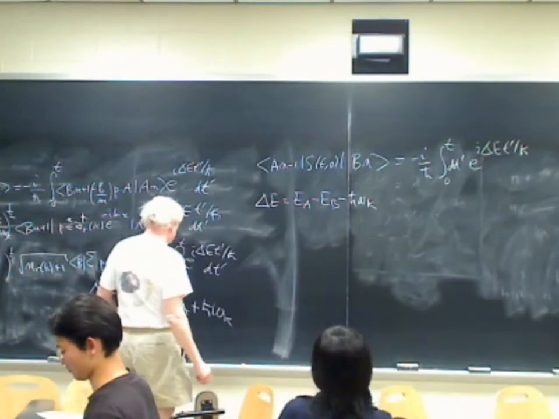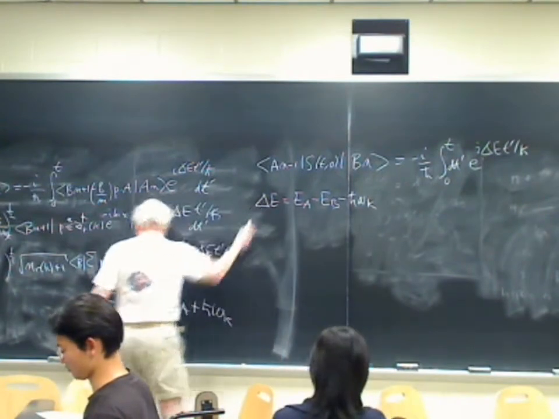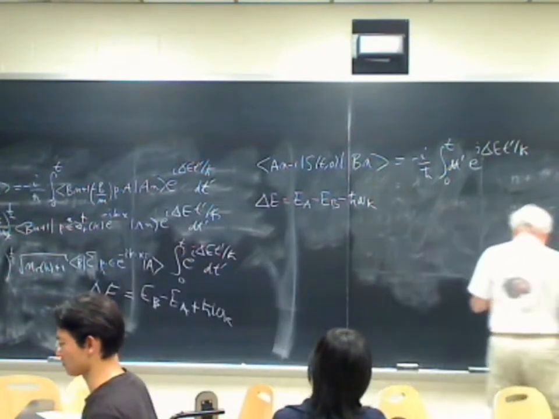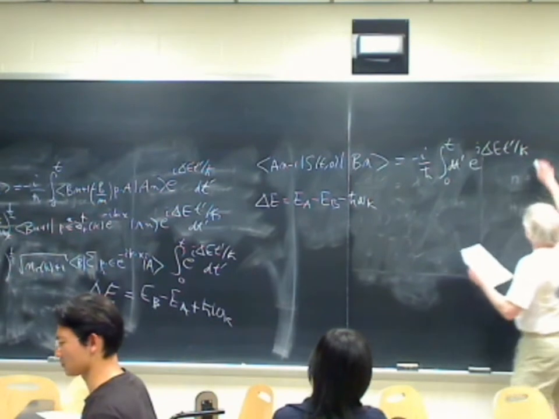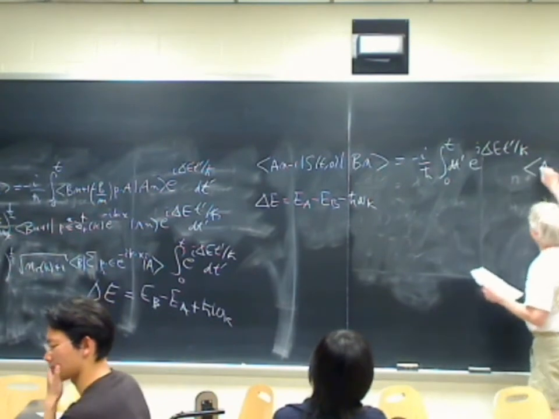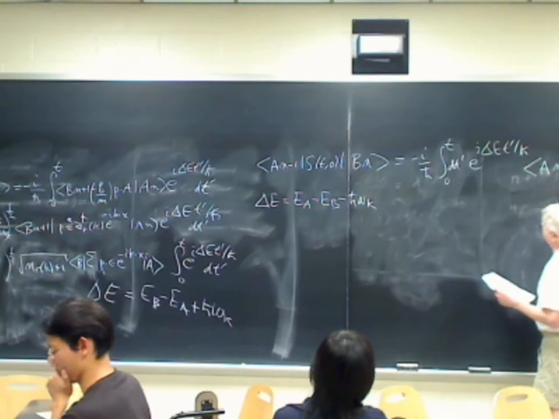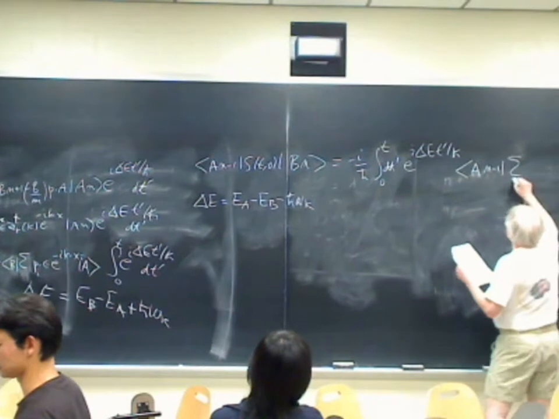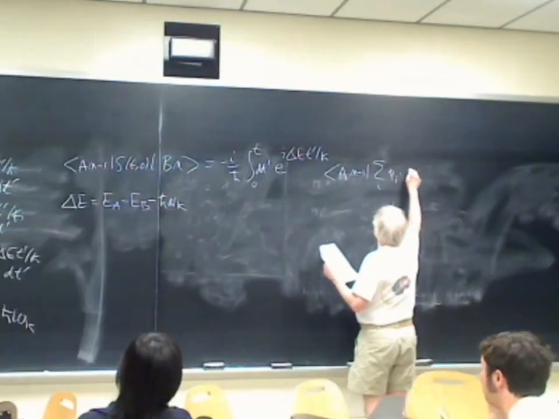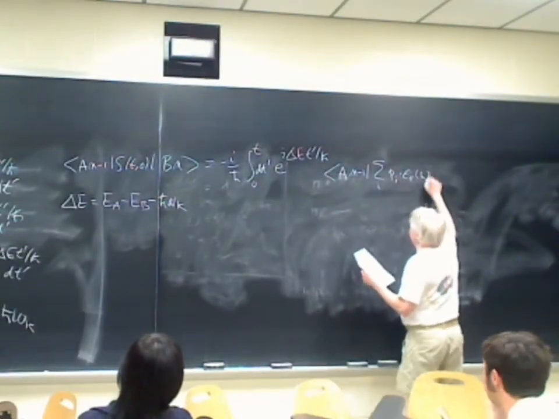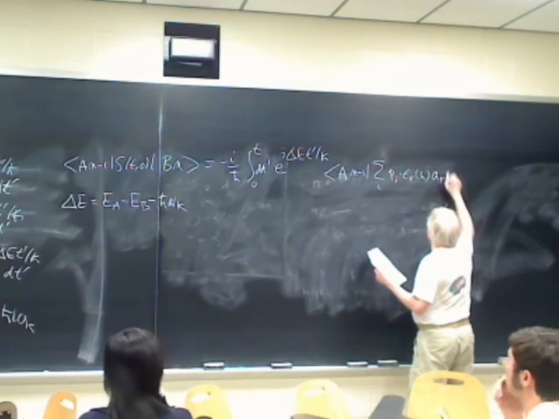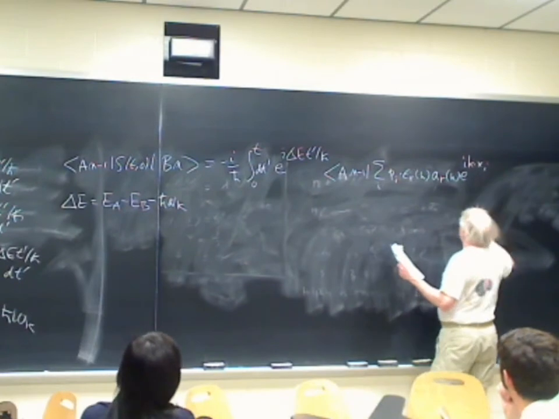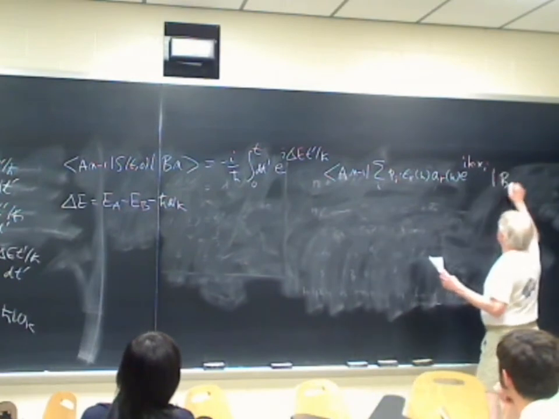And so you see, this delta E is just minus that delta E. And so that's not going to have any effect on it. And then the matrix element here is A, n minus 1, sum over I, p_i dot epsilon r of k, a r of k, e to the I k dot x_i, B, n.